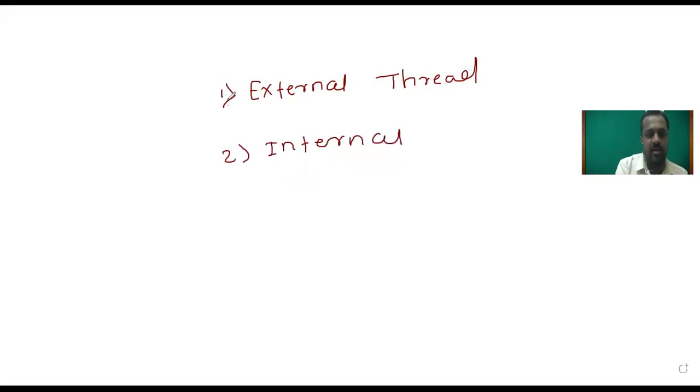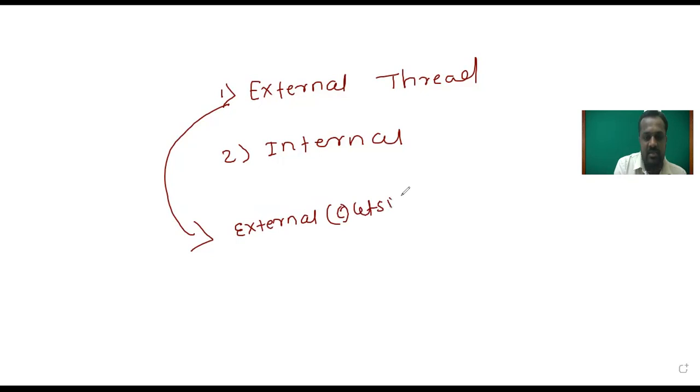How to remember the conventional representation for the external thread? If the external word is there, you have to remember the external or outside circle, it will be complete or incomplete?